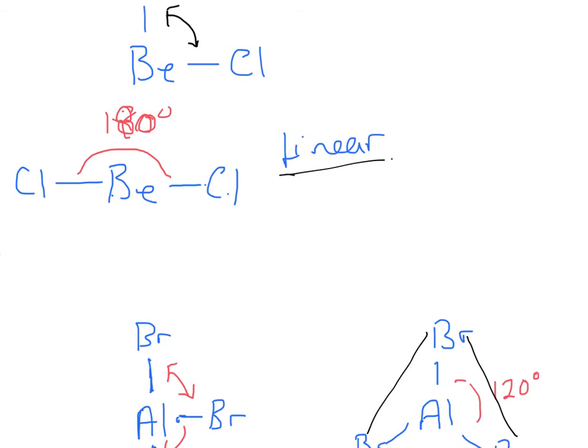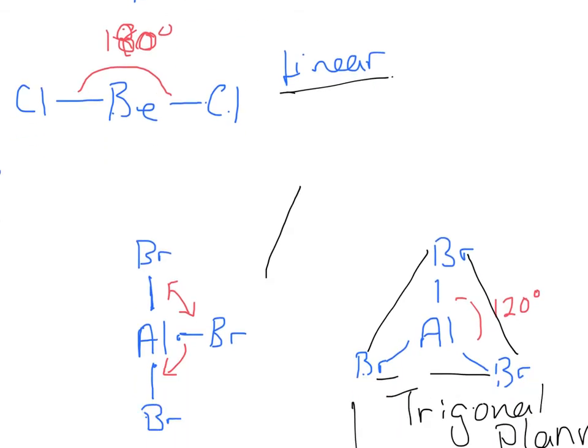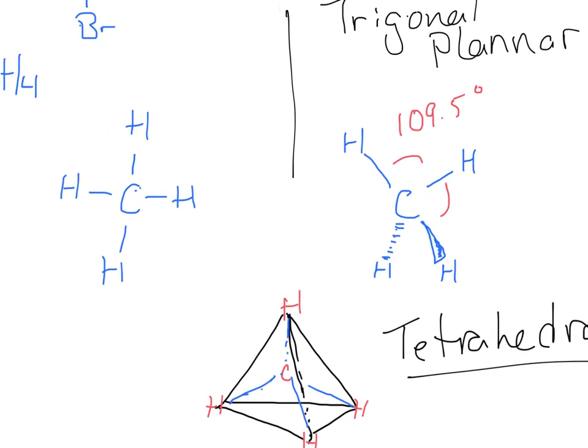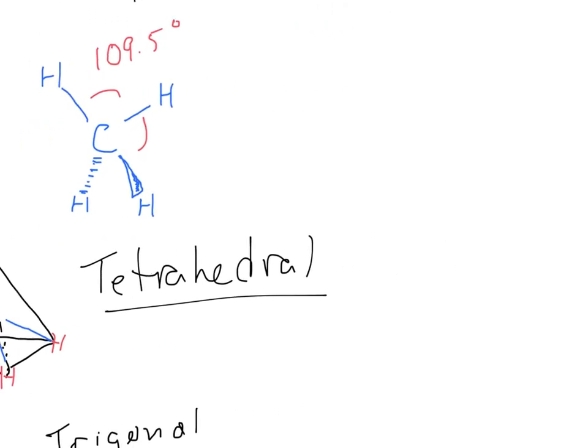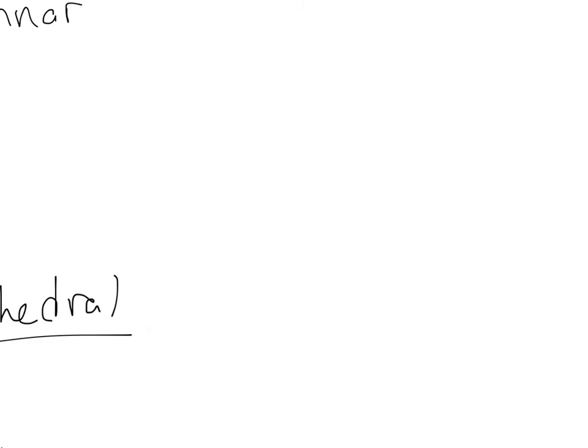Now, just for the last couple minutes here, I'm going to look at one more type of shape, and I'm going to expand on these tetrahedral shapes. If I have something like NH3, ammonia, a very common molecule, nitrogen here has a lone pair.